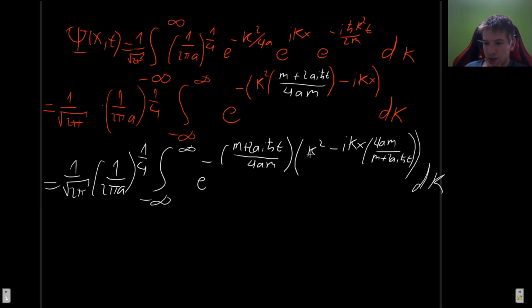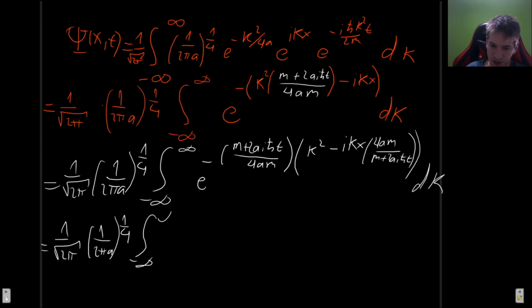Okay, so now we can complete the square. So how do we do that? Exactly the same as before. I'm going to do it a bit faster this time because we also did it in this video already. So let's see, we're going to do e to the minus, the same thing, m plus 2a i h bar t divided by 4am.